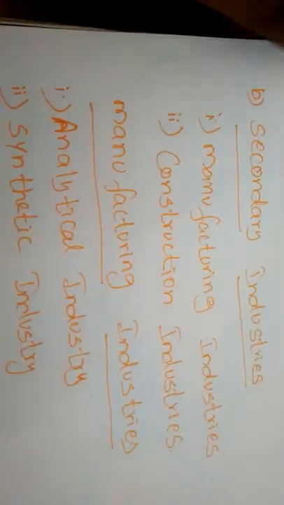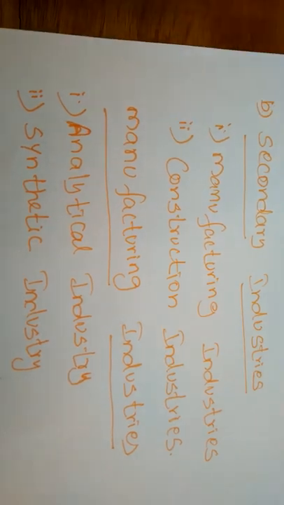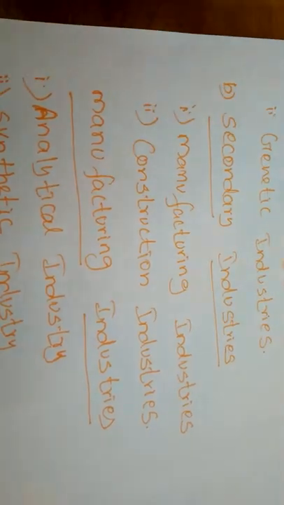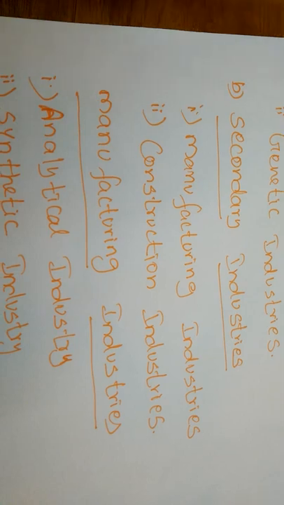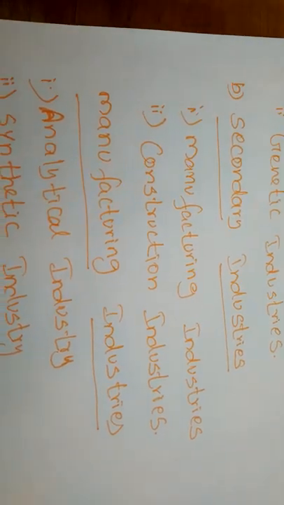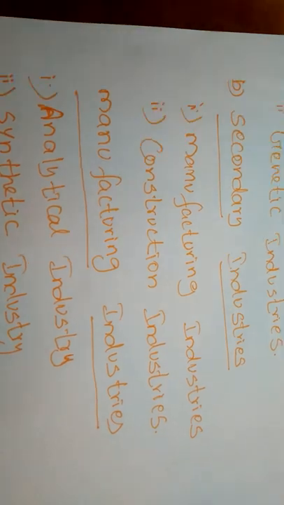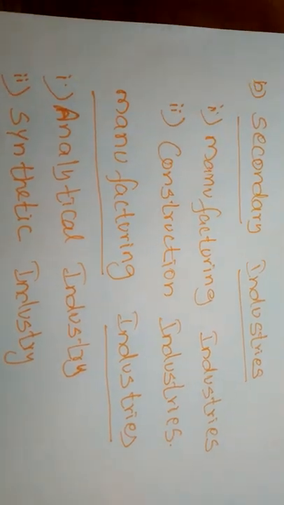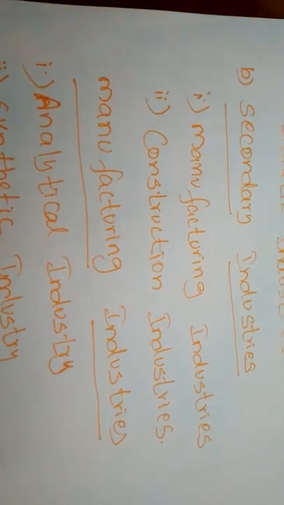So the commodities already extracted from natural resources, when used by other industries to become a finished product or semi-finished product, that's called secondary industries.